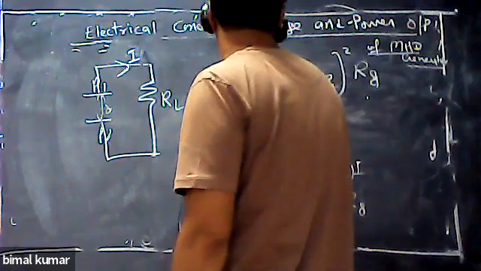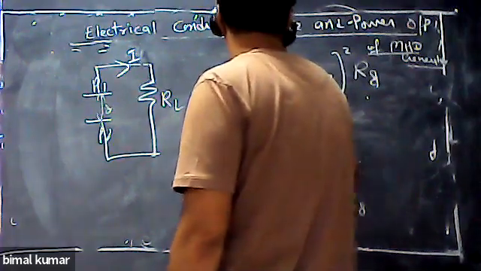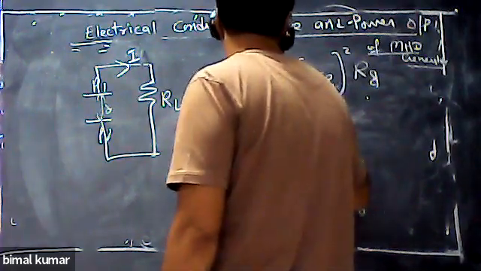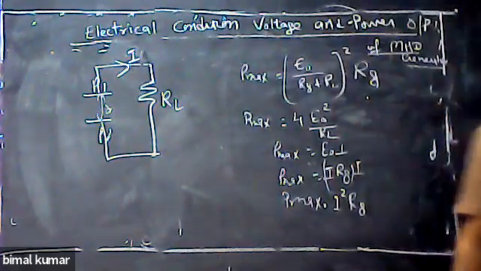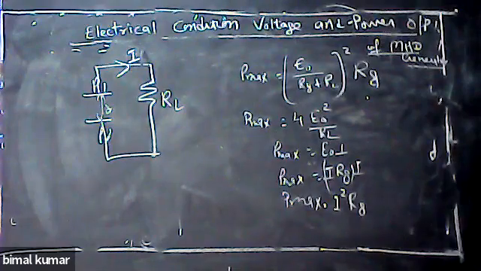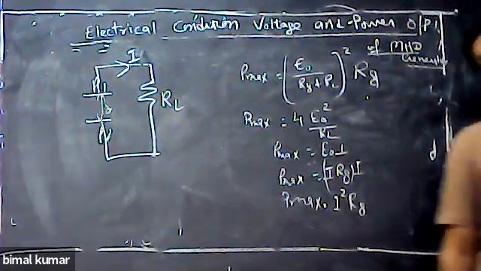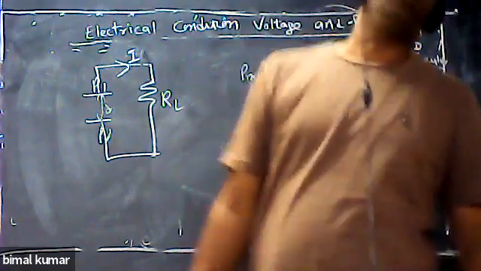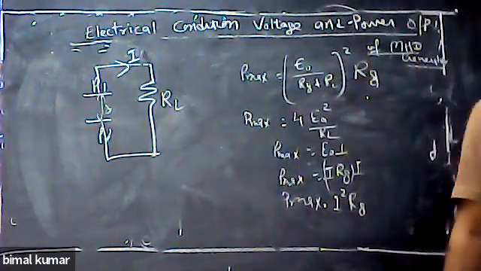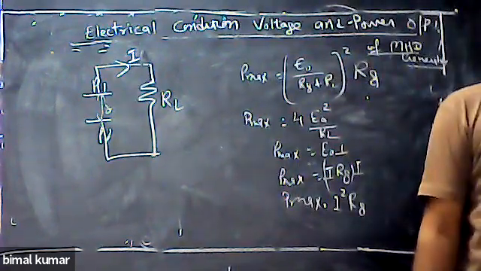P maximum is equal to E naught square upon 4 RL, where this is RL or Rg. This is the maximum amount of power which the MHD generator may be able to deliver under the condition of the maximum power transfer theorem, right?